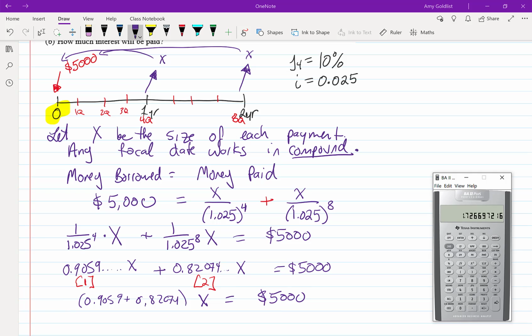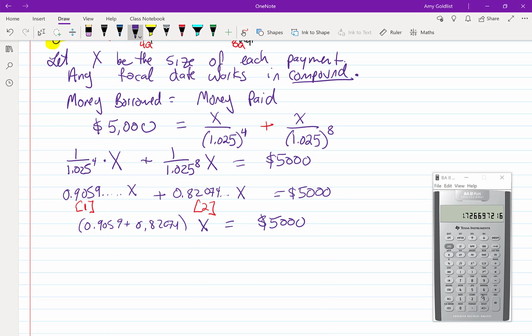Another big number. Every time I get to these big messy numbers, I like to store them. Store 3. So now I have 1.72669x, and that's the same as store 3, and that equals $5,000.